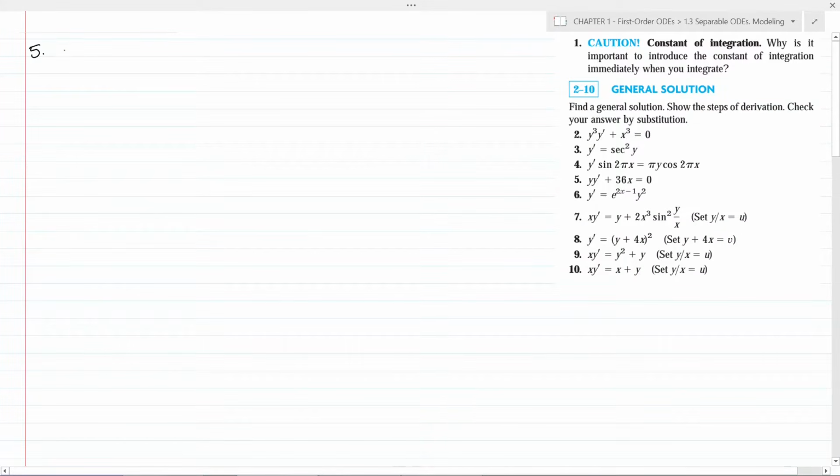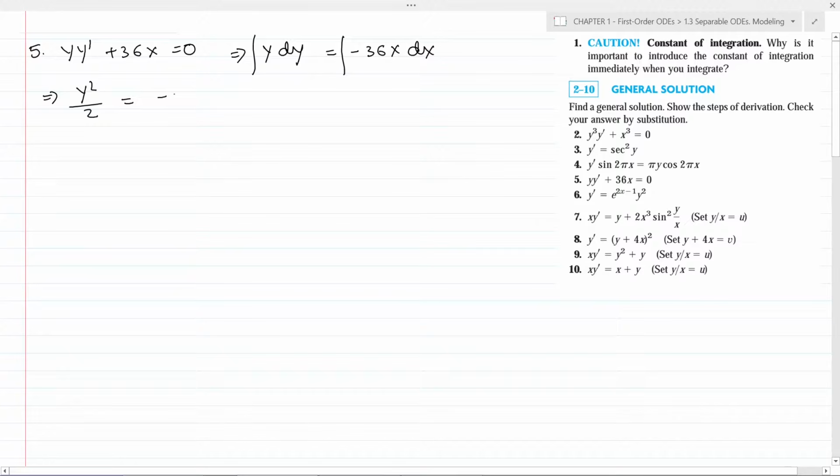Problem 5. We have y dy plus 36x dx is equal to 0. We can write this as y dy is equal to minus 36x dx. We integrate both sides and we get y square by 2 is equal to minus 36 x square by 2 plus c.